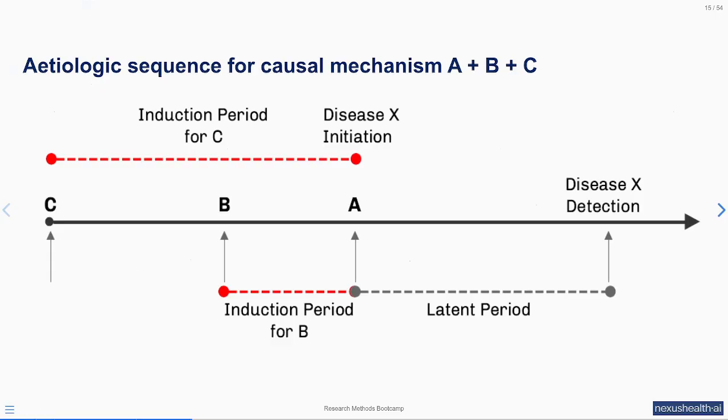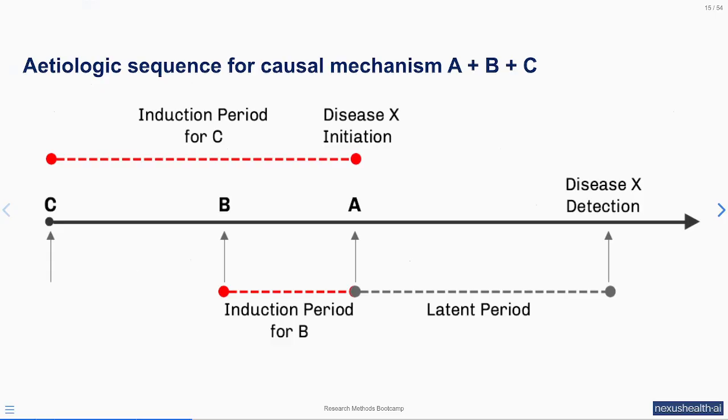So if you think about that discussion about primary prevention, secondary prevention, and tertiary prevention, we can begin to see at which point these things become active. So the induction period from C to disease X initiation is where perhaps we may focus attempts at primary prevention. So we prevent people from being exposed to C, B, and A. But once disease initiation has occurred, and then within the latent period, we are now talking about secondary prevention.